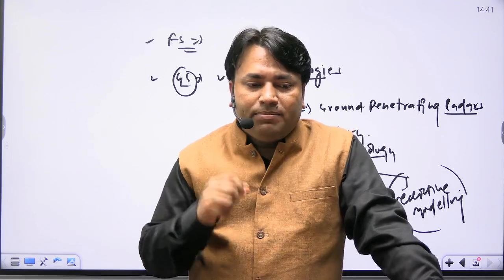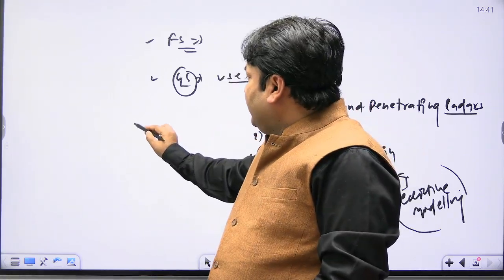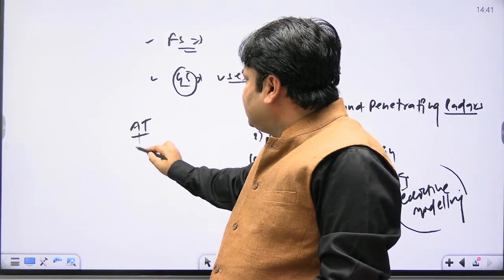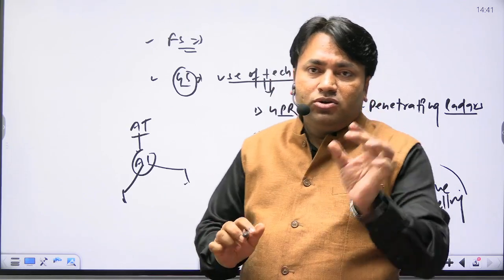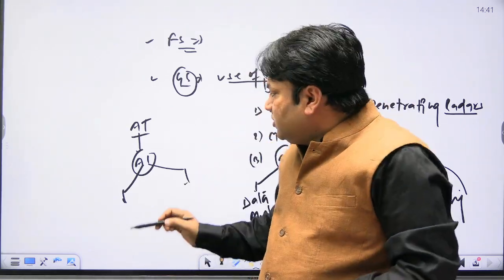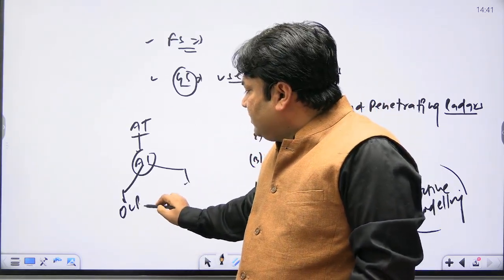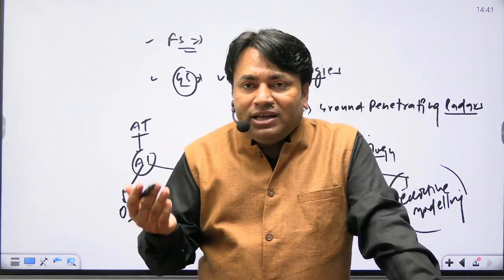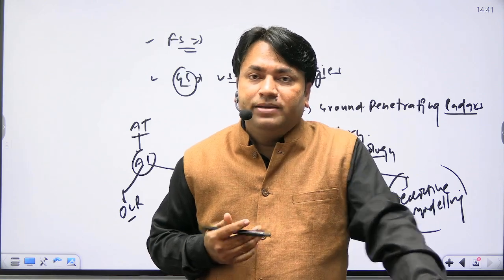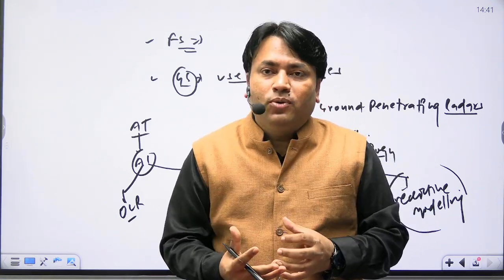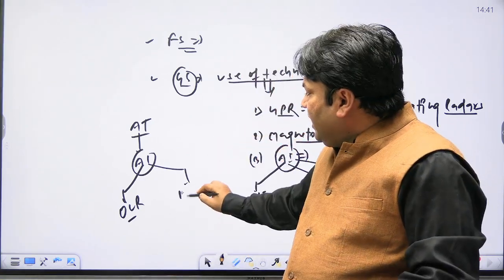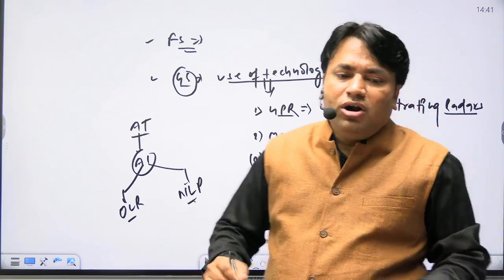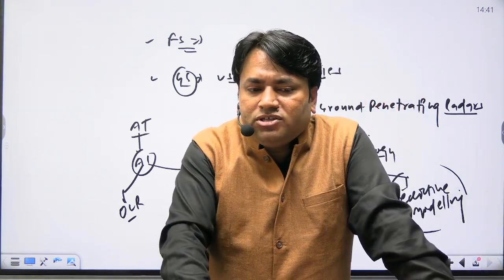For example, in deciphering the ancient texts, there are two aspects. First is OCR, that is optical character recognition. This is used to explore the ancient texts. And the second is NLP, that is natural language processing.